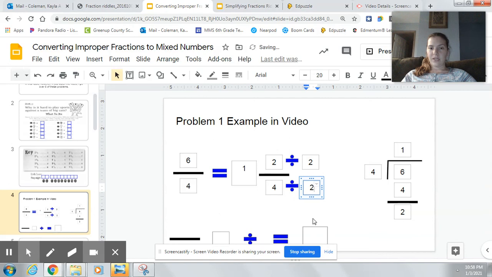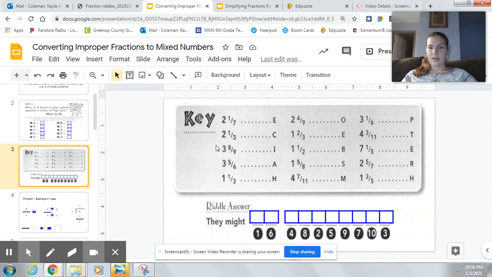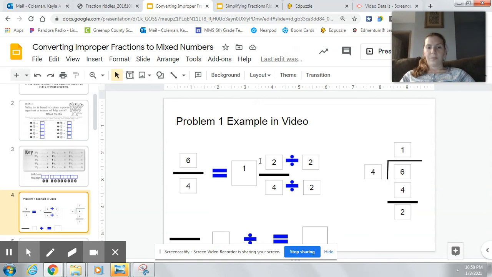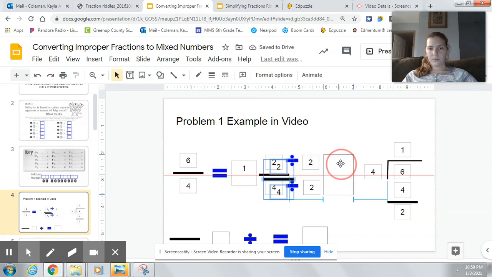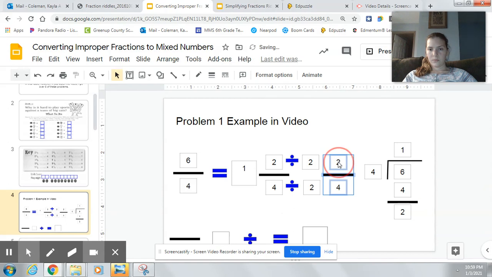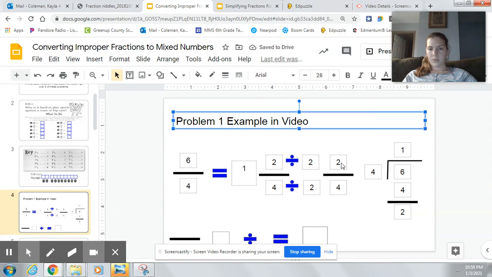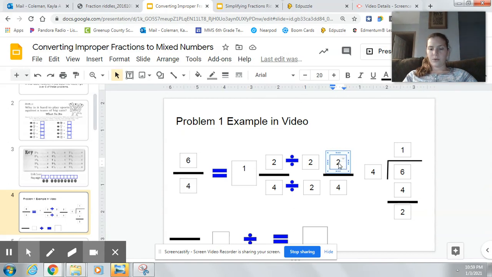If I didn't do this and I went to the answer key and I looked for 1 2/4, you don't see it. It doesn't pop up there because it's not simplified. After we divide by 2, we're going to get a simplified answer. Two divided by 2 is 1, and 4 divided by 2 is 2.